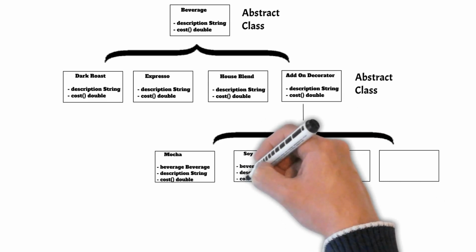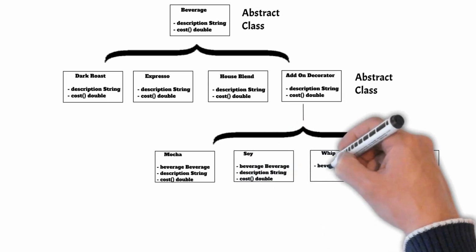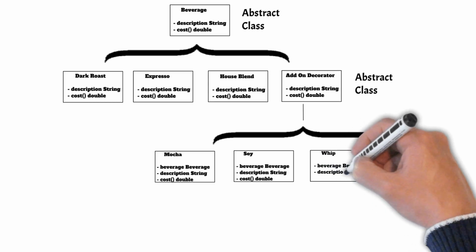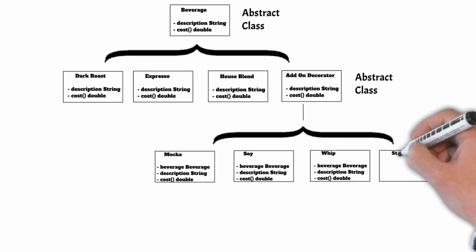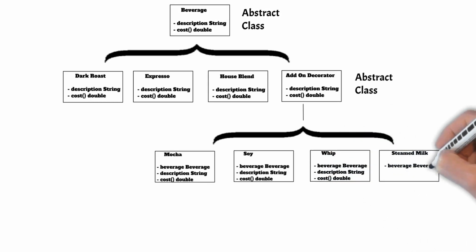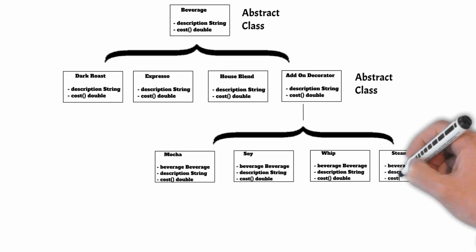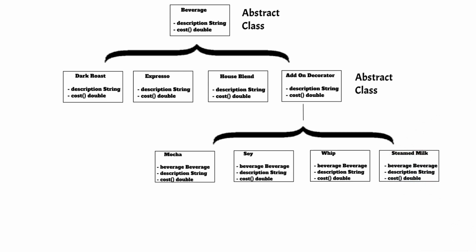So since add-on decorator is extending the beverage abstract class, they also need to implement the cost method and have the description property. So all of the four add-ons, mocha, soy, whip, and steamed milk, have the description property and the cost method.